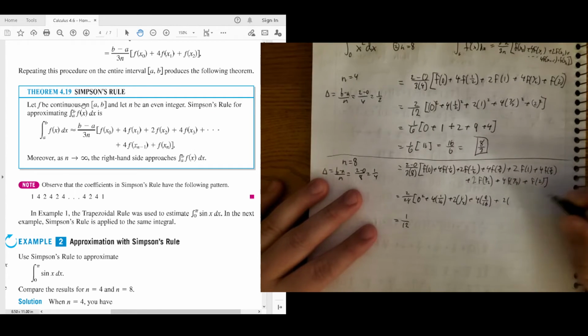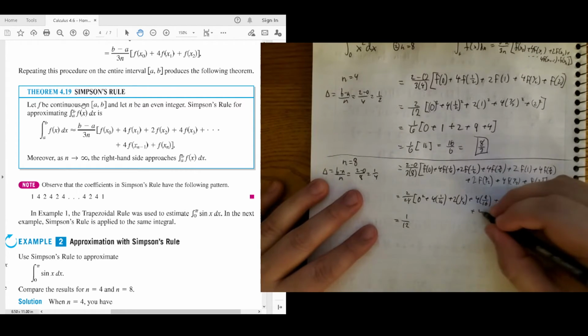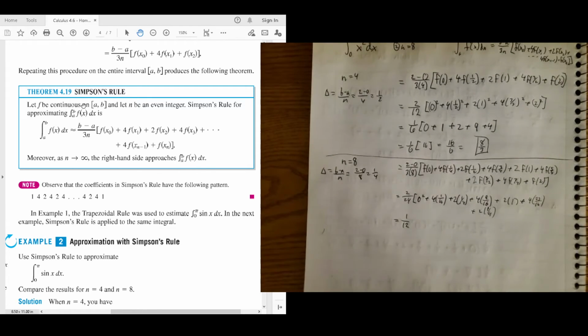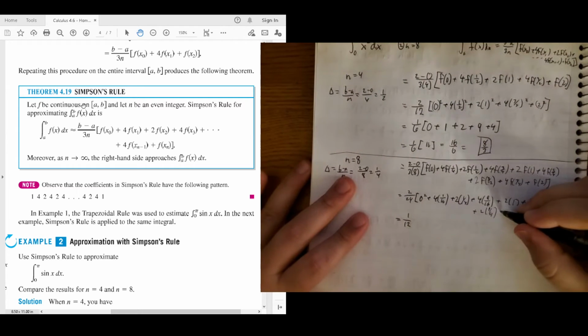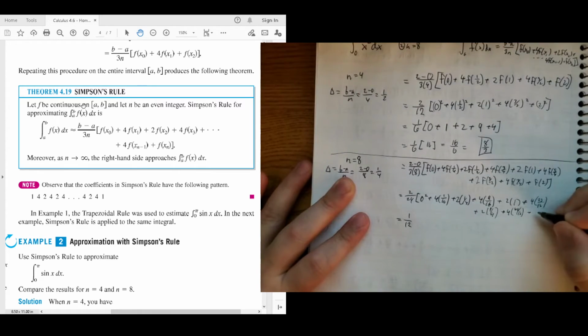Plus 2 times 1. Plus 4 times 25 over 16. Plus 2 times 9 over 4. Plus 4 times 49 over 16, plus 4.